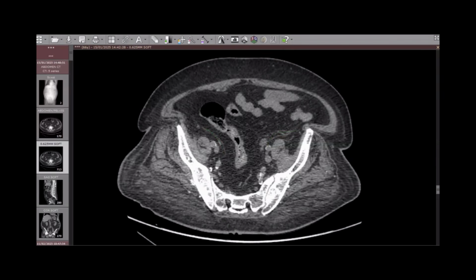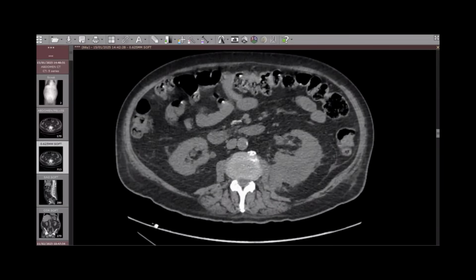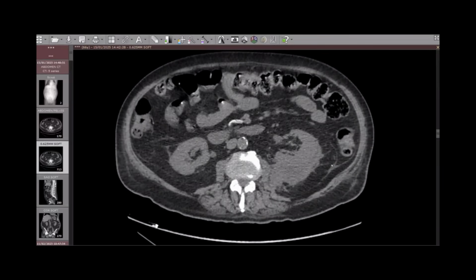Also, I would like to add something very important: the anterior and posterior renal fascia are not one layer, they are multiple layers, multilaminated. When we have an infectious or inflammatory process, these layers can be expanded.